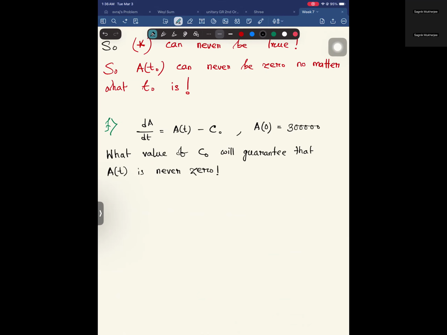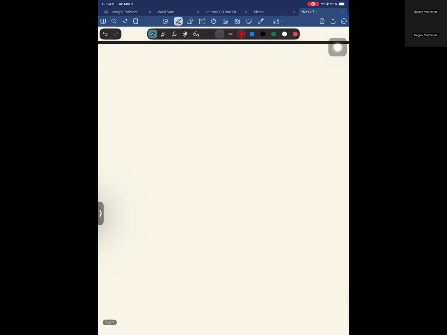I will give you more problems from this section for exercise. I don't actually have much to teach, so let's go to 7.6. Here we will learn about the so-called logistic differential equation.